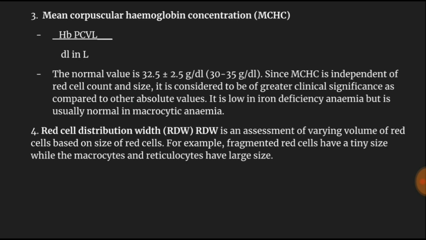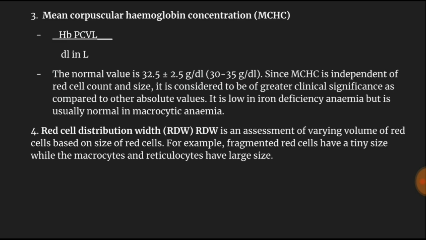And moving to the last method of measurement or counting of RBC, which is red cell distribution width, RDW, it is an assessment used to determine the volume or the size of our red cells. For example, fragmented red cells have a tiny size, while macrocytes and reticulocytes are large.